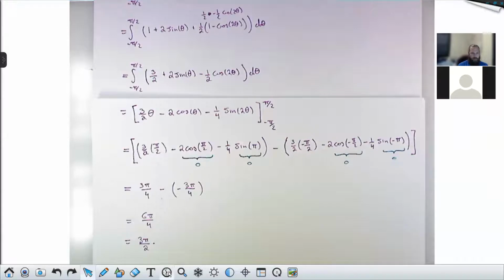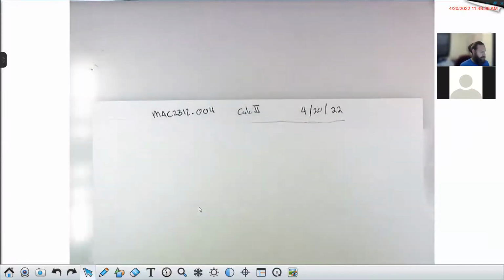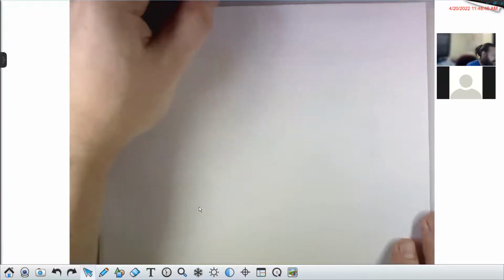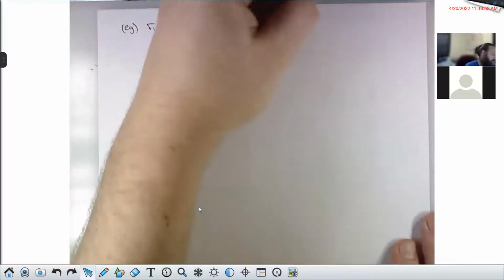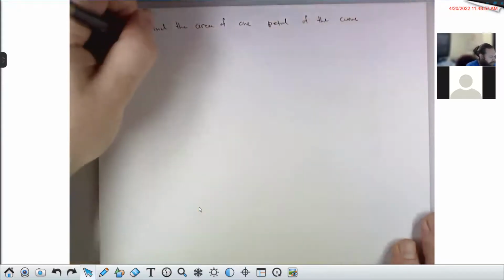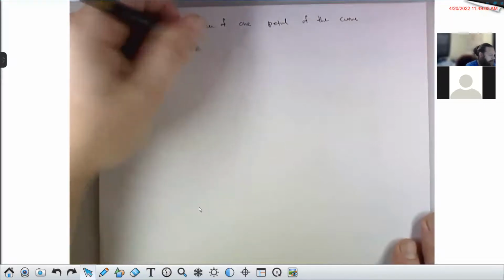Okay, let's try one more before we talk about arclengths. Let's find the area of one petal of the curve r equals sine of 2 theta.